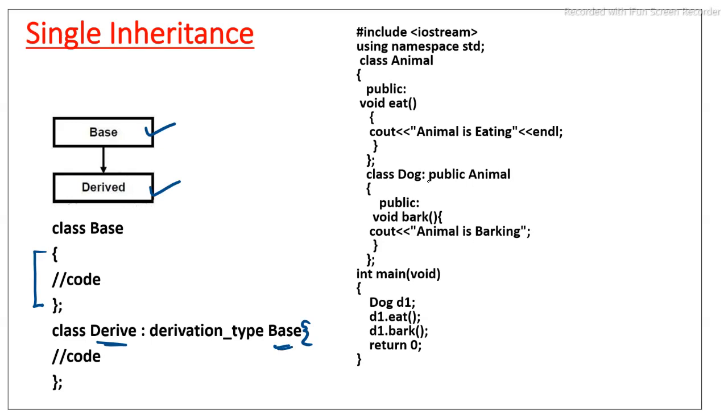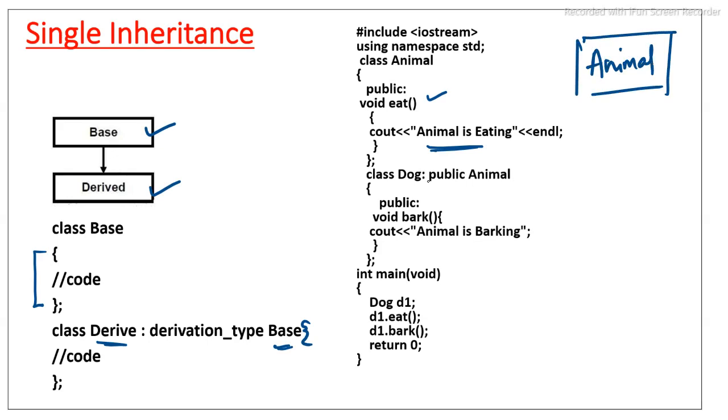And in this example, you can see an animal class is being taken. Inside this animal class, in the public part, void eat function is there, and it is displaying the statement animal is eating. This animal class is taken as the base class here.